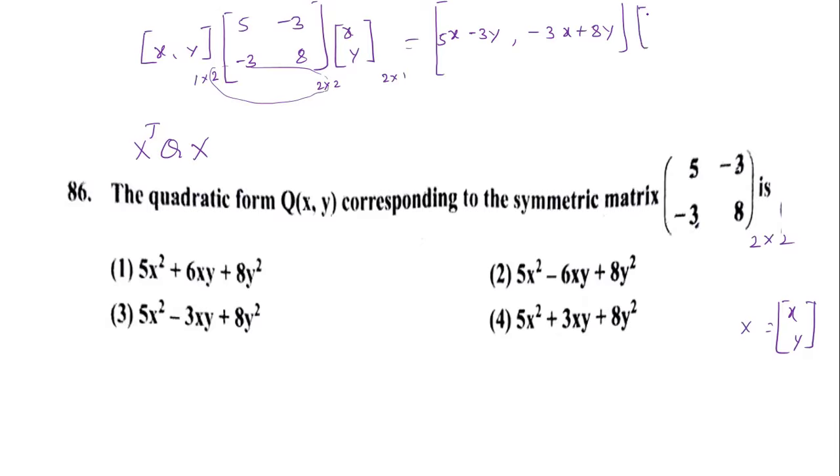Now multiply with (x, y), 1 by 2 times 2 by 1, we get a 1 by 1 matrix.